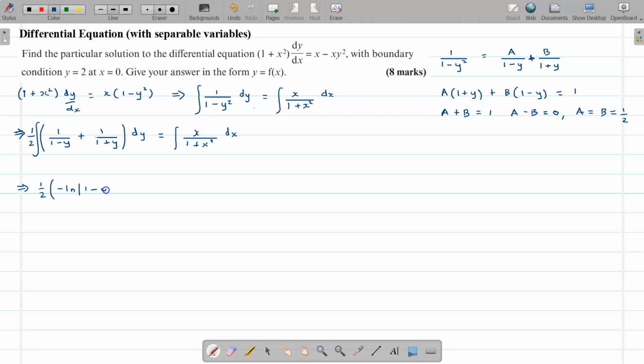We should put our modulus signs in, and then it's plus log of 1 plus y, and that's going to equal half of, because the derivative of x squared is 2x and we've only got 1x there on the numerator, a half of the natural log of 1 plus x squared.